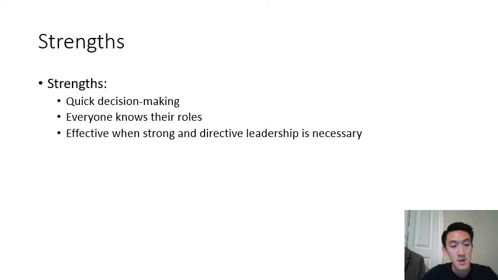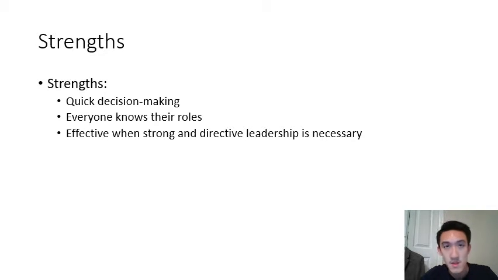So its strengths are that they are good at quick decision making, and they allow everyone to know their roles so that they can execute those tasks effectively, and they're effective when strong and directive leadership is necessary.